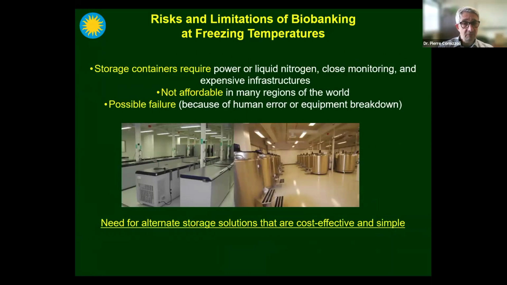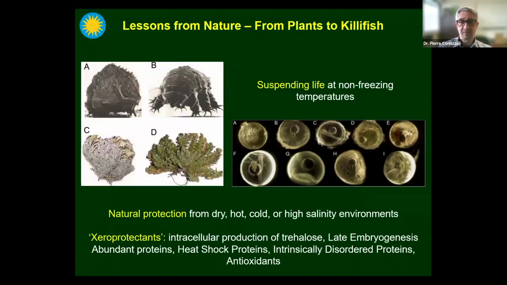All those requirements are not necessarily possible in many regions of the world. And unfortunately, some of those containers may fail, either because of human error or equipment breakdown. So we really need to start thinking, not necessarily dismissing what's been done already with all those biobanks, but of alternate solutions that are simple, flexible, and cost-effective.